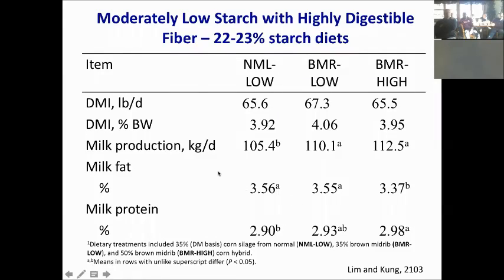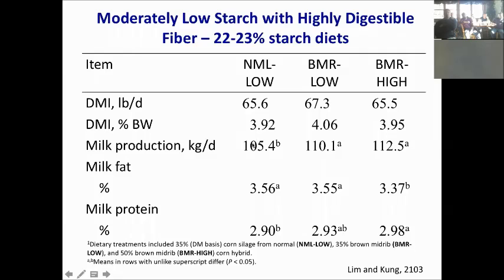I'm sorry, this is not kilos. Sorry, folks. This is actually pounds. But you can see in this study, these cows were producing between 105 and 112 pounds a day, and on a 22% starch diet with pretty high corn silage in them.